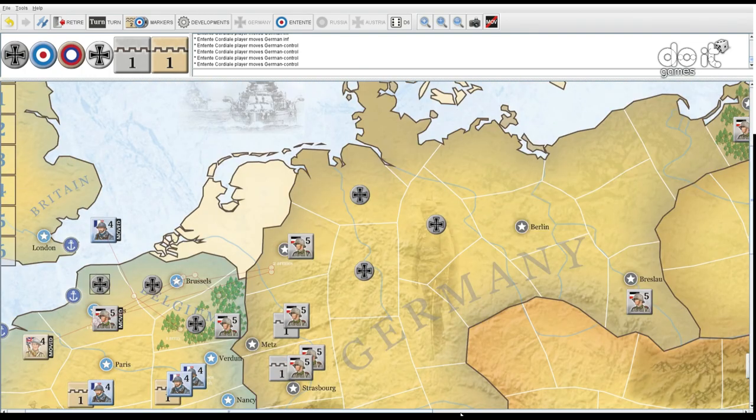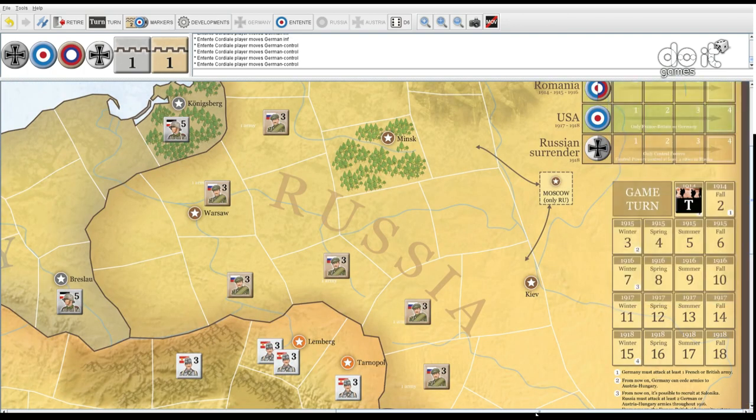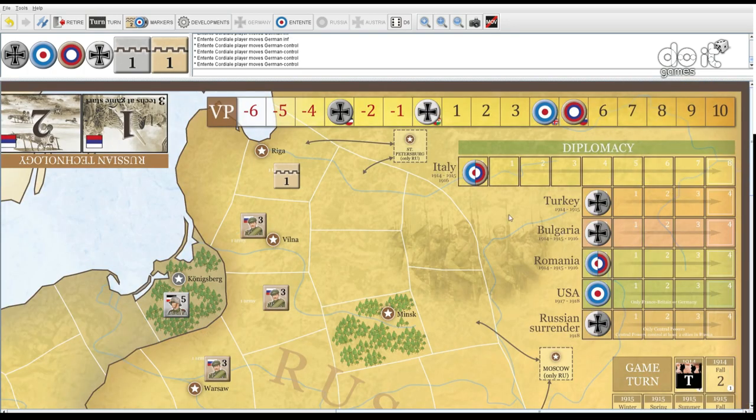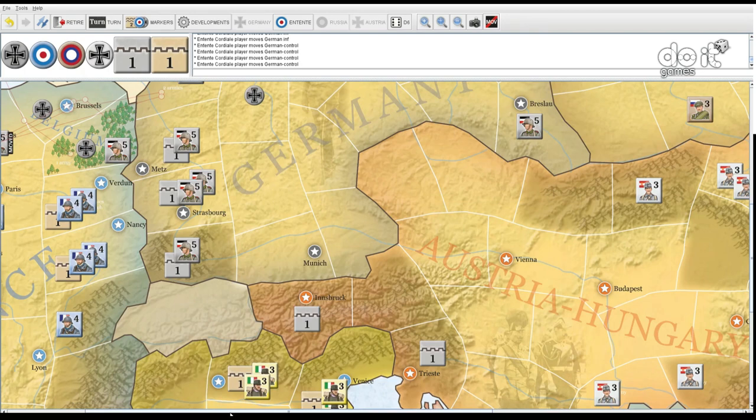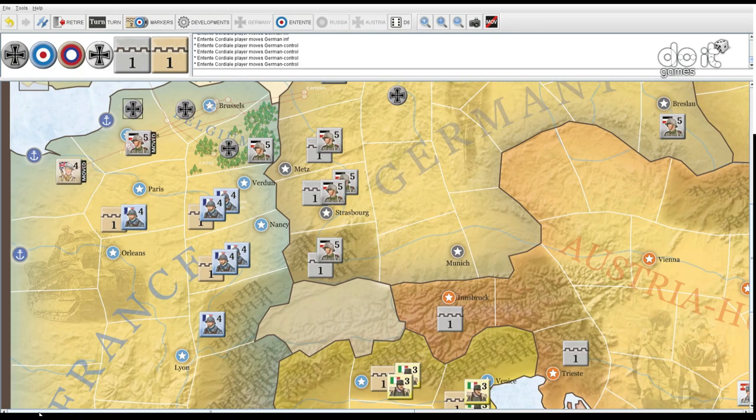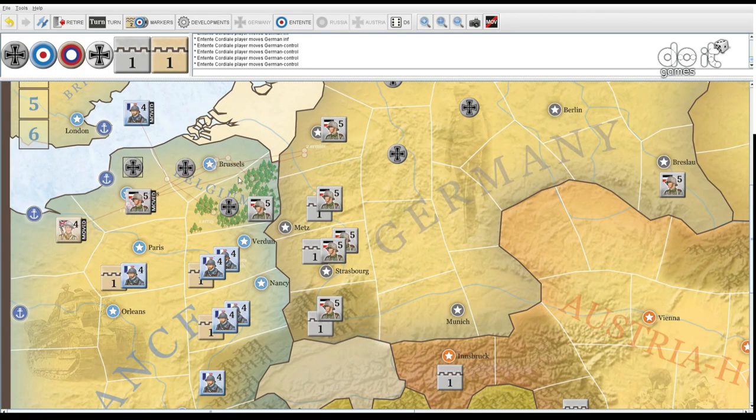Because, as I told you before, the main way to get victory points is to get enemy cities. So, for example, if the Germans conquer Brussels, they will get 1 victory point because it's a city of the enemy coalition.